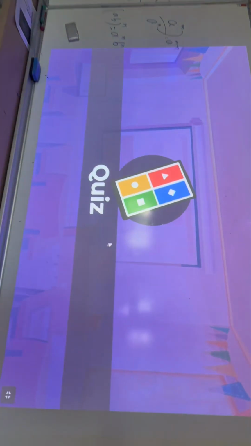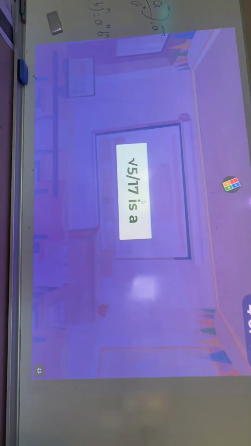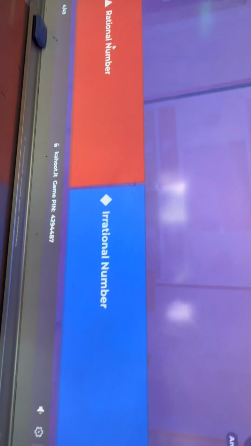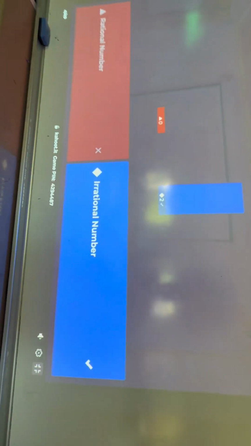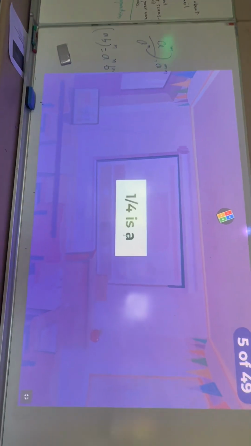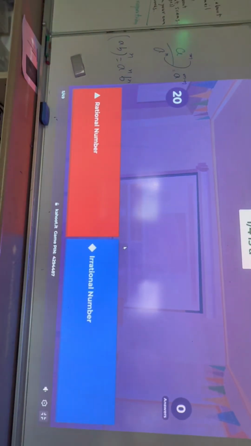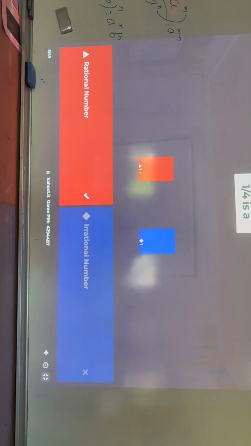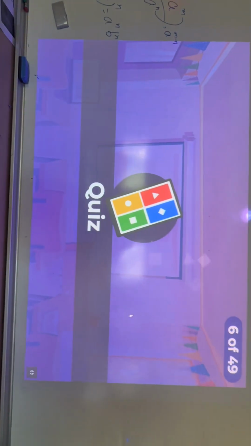Good. Square root of 5 under 17 is an irrational number or a rational number? Next, 1 over 4 is a rational number or irrational number? Oh, that was 50-50, guys.